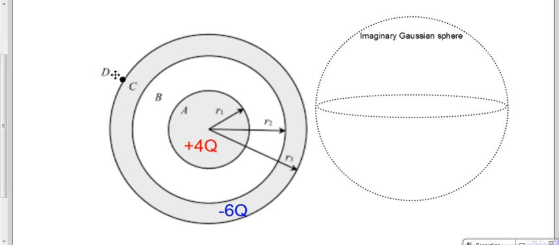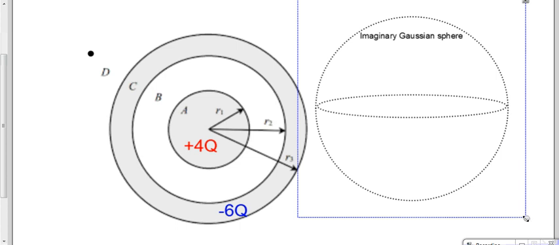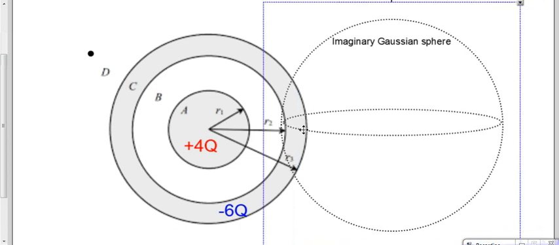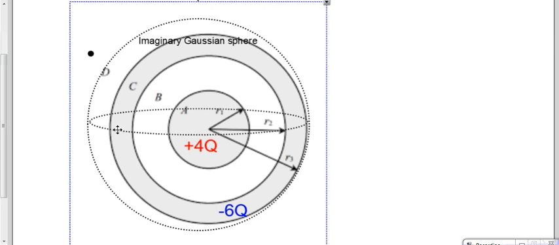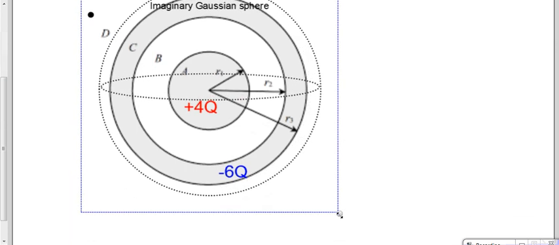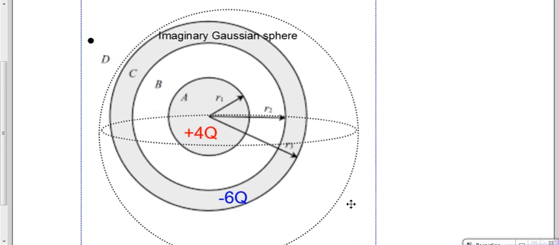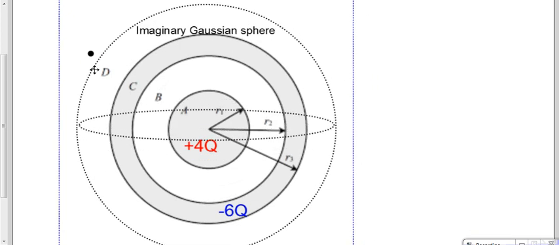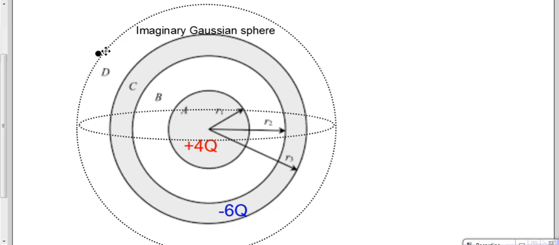But we've got a dot way out here outside the whole arrangement, and so I'm going to expand this a little bit bigger and make sure that I can make it coincide with that dot. So I'm going to have to go a little bit bigger. This is a lot easier if you're just drawing it yourself, because you can make sure it goes there. And I'm also going to cheat here by just moving the dot a little bit inward. So there is my Gaussian sphere surrounding my metal.